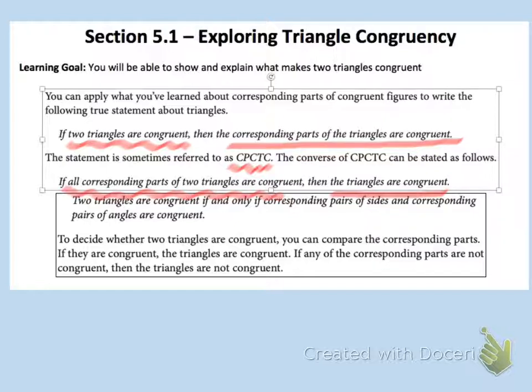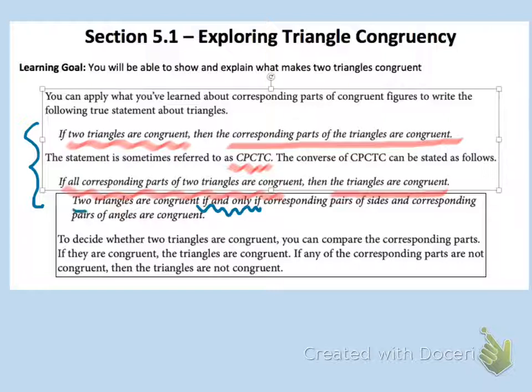That actually says these two statements together. So instead of having to have two separate statements, one being the original and one being the converse, as we did with those properties we learned in the last module, we're this time going to just use what's called a biconditional. So instead of saying if triangles are congruent, then all the parts are congruent, and then also if corresponding parts of two triangles are congruent, then the triangles are congruent, we're just going to say this.